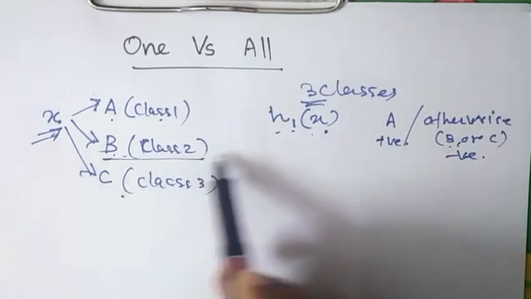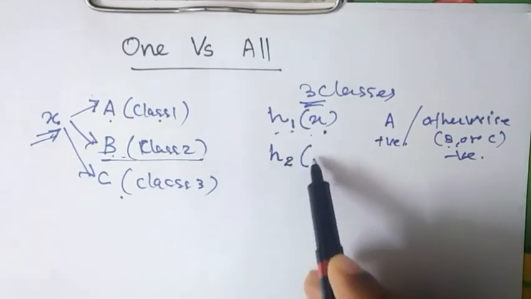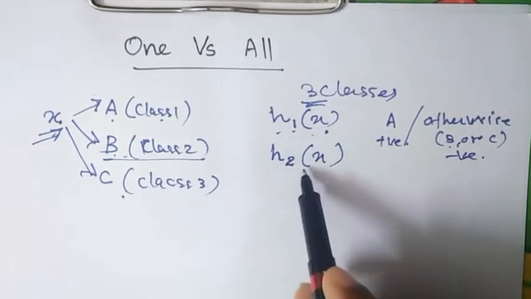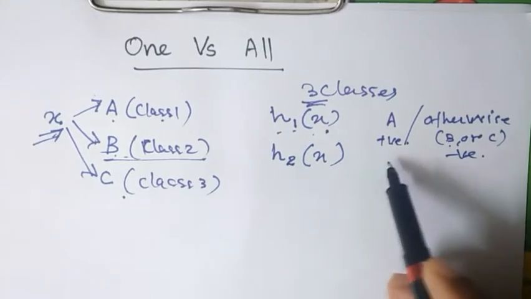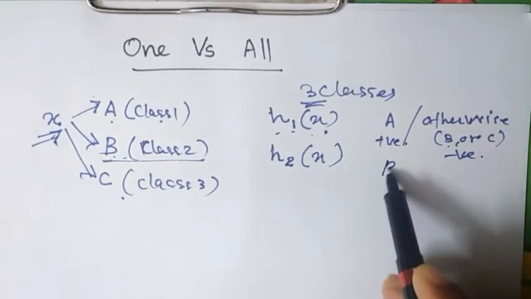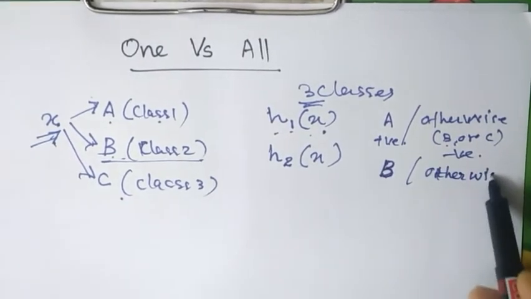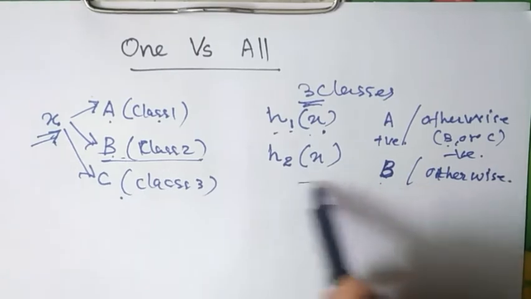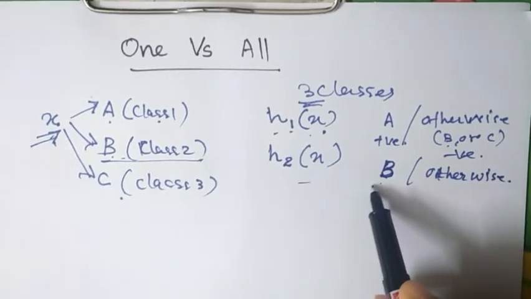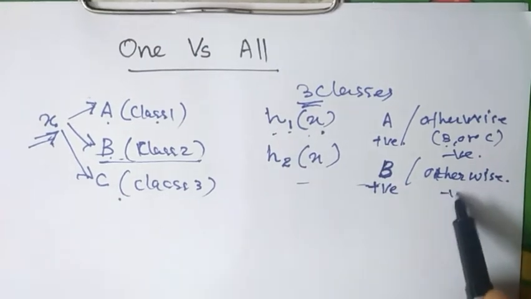And for the second class, we write a second hypothesis H2 of X. What this hypothesis does is it classifies our input X into B or otherwise. If it belongs to class B, it is a positive sample. Otherwise, it is a negative sample.